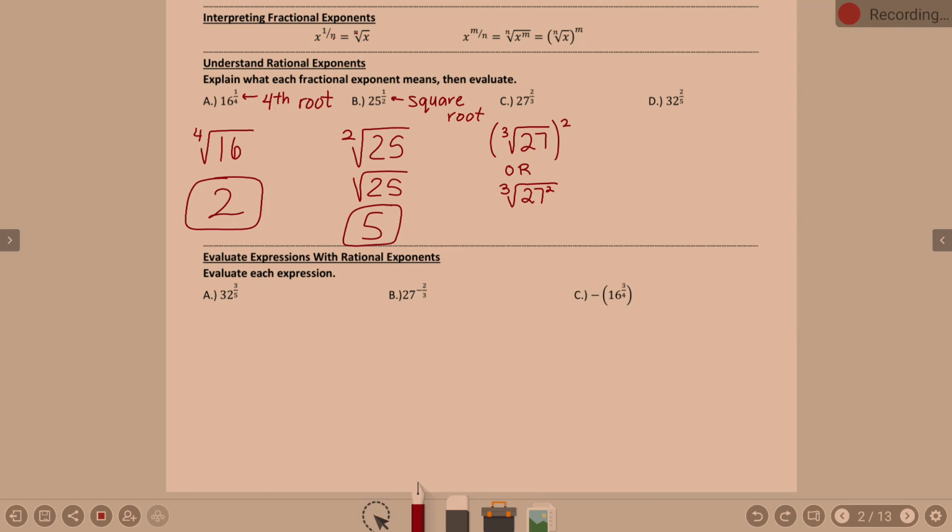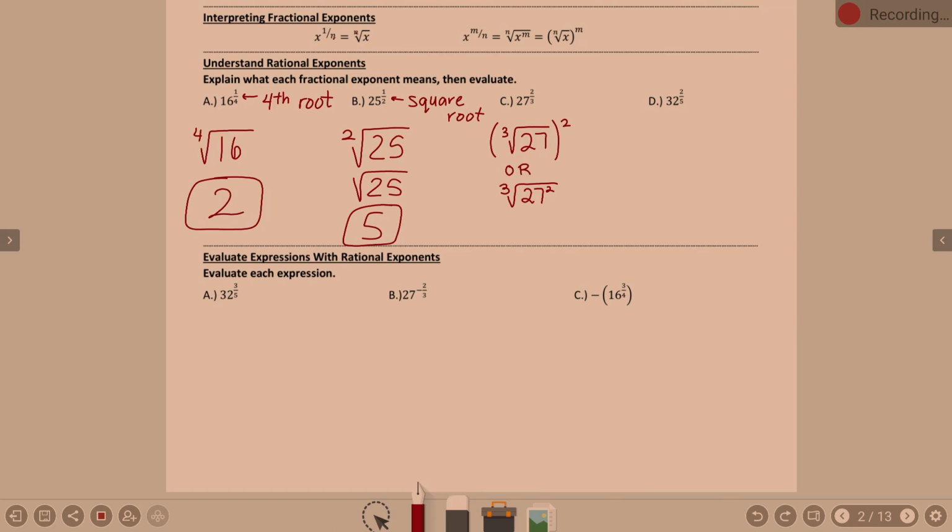Now, here's my thing, and I know I'm more likely to go without a calculator than you guys are. That first one I can do without a calculator. My brain can do that pretty easily. The second one, I don't know about you guys, but I don't know 27 squared off the top of my head. But if I do 27 squared on my calculator and then the cube root, it's going to come up the same as, what's the cube root of 27? 3.